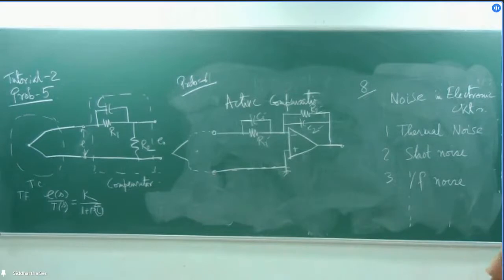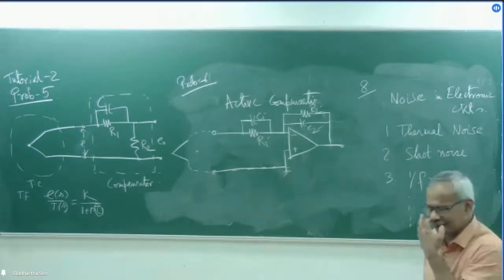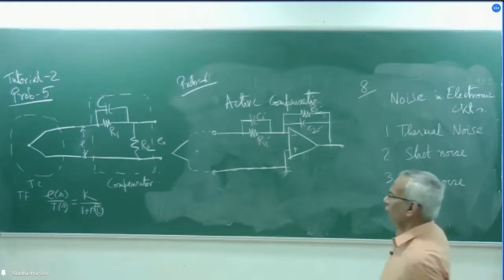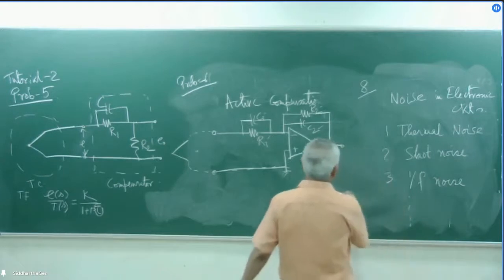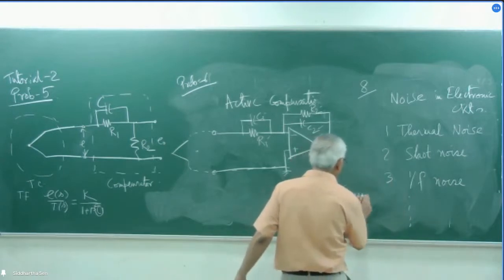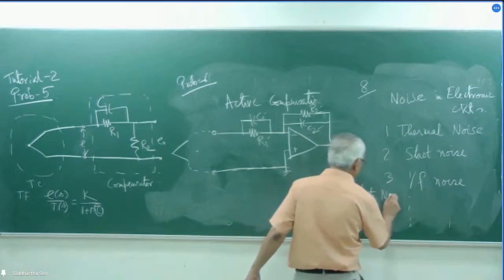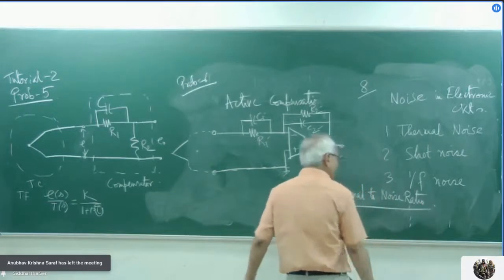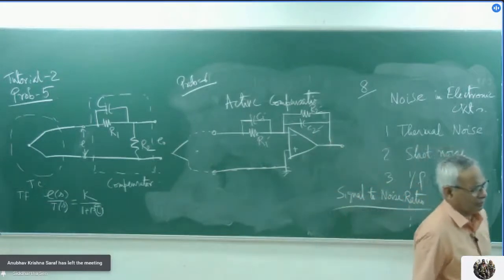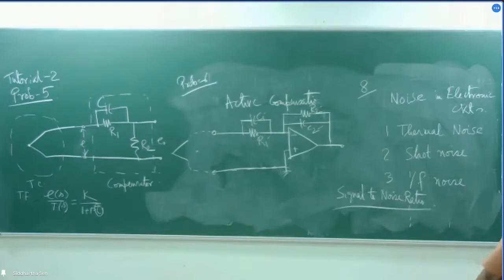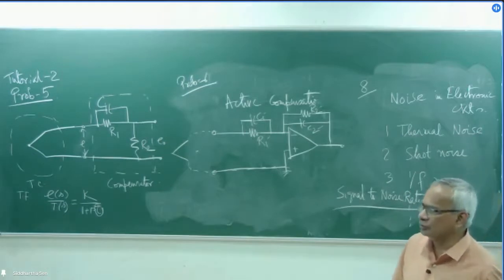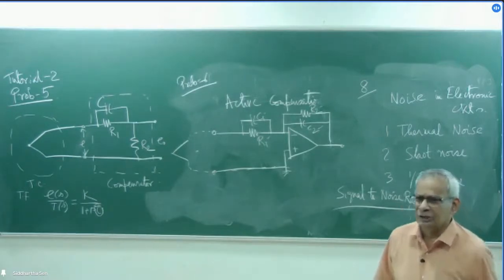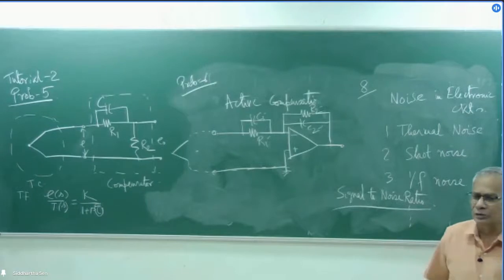But while you try to design a circuit and evaluate it, we often try to evaluate the signal to noise ratio. As in that similar case, where we always try to keep the CMRR high, here also we always look for a circuit where the signal to noise ratio is high, otherwise the noise will shadow the signal.